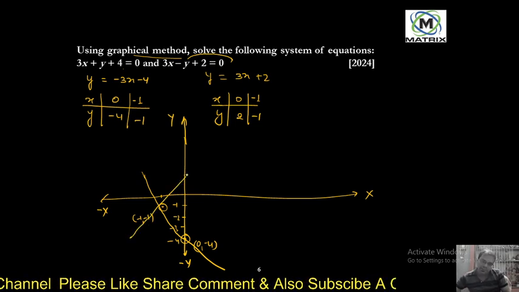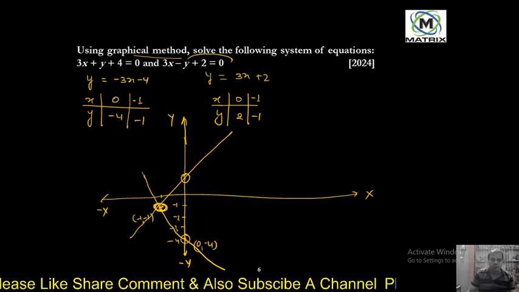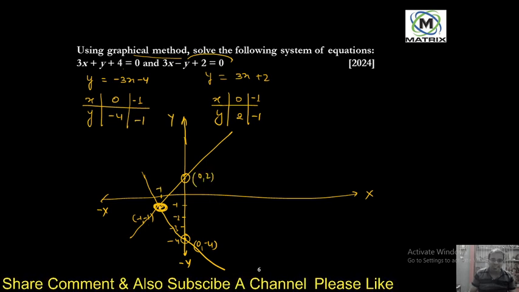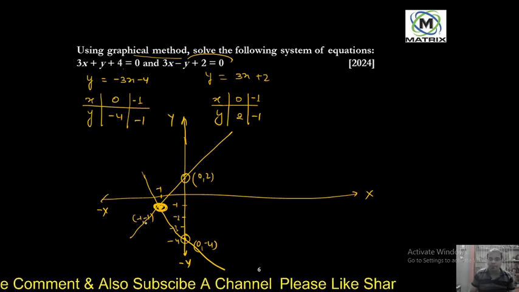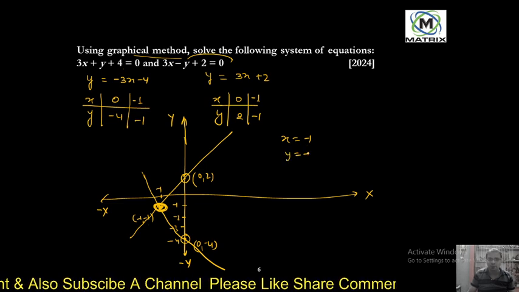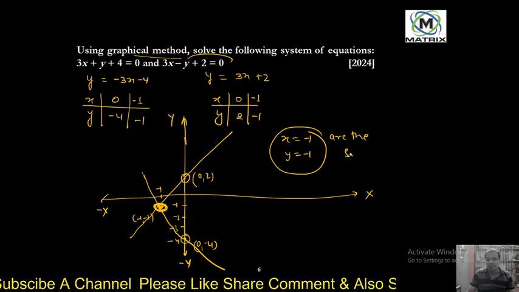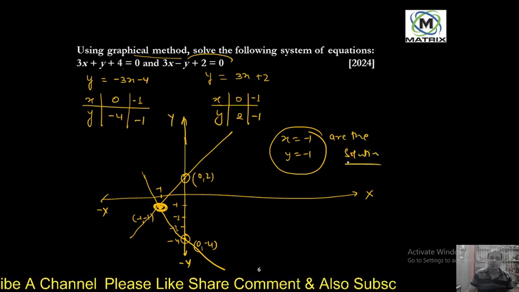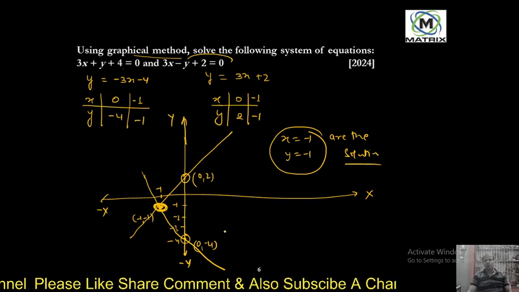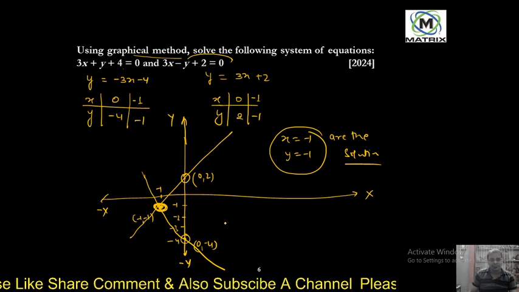So here is the point for the straight line, 0 comma 2, and again minus 1 comma minus 1. As both lines intersect at one point, we say that the solution is x equal to minus 1 and y equal to minus 1. Why are these the solution? Because they intersect at a single point, and that single point shows the solution. That is called the graphical method.